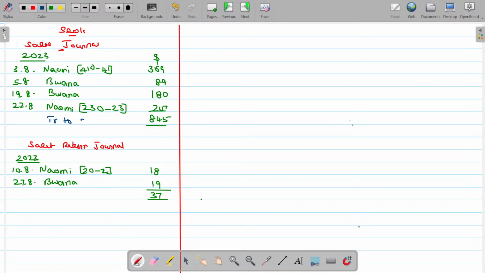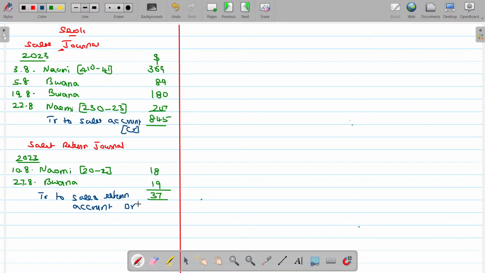Transfer to the sales account, credit side. Income means credit side. And this will be transferred to the sales return account, on the reverse side, so it should be the debit side. Clear?